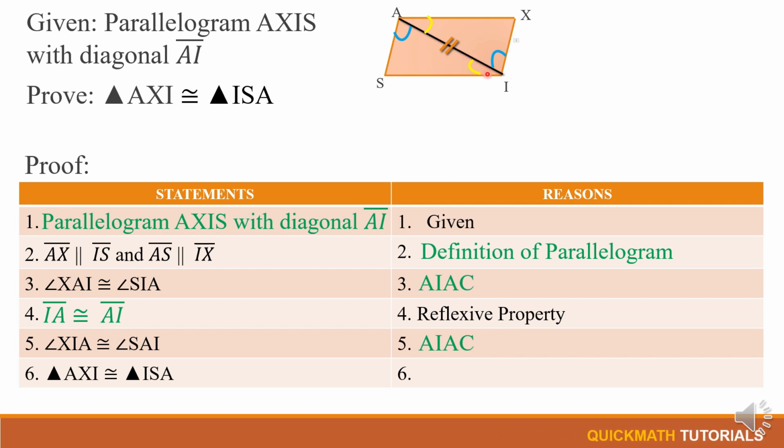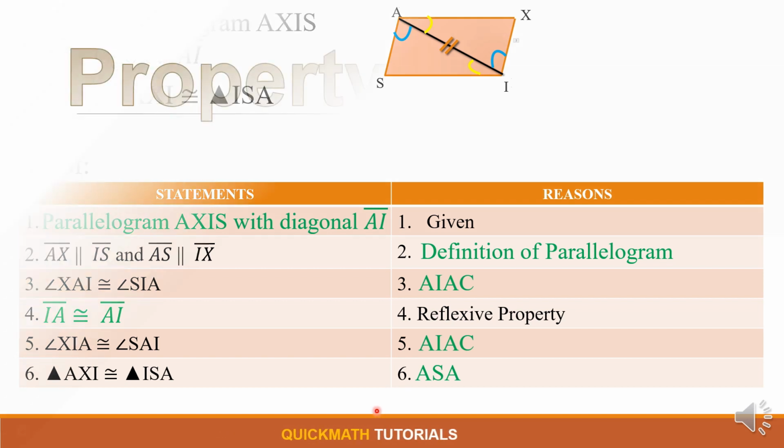And since we already have angle, side, angle, for our last part or number 6, the triangle AXI and the triangle ISA, they are congruent, or these two triangles are congruent, and the reason is ASA congruence postulate, or angle side angle. And we are done with our proof.